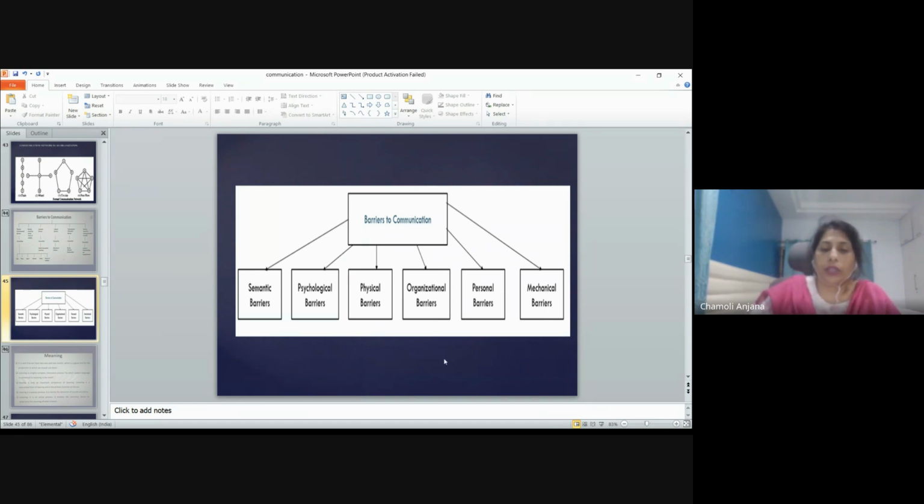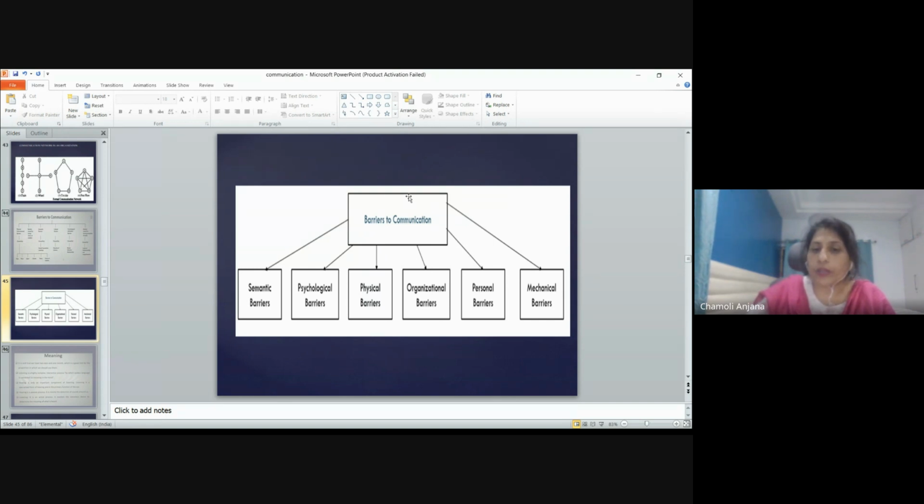Though we say that we have this communication process, that's a very ideal communication process which does not happen, because there are a lot of barriers and obstacles that hinder the flow of communication. That leads to miscommunication or misunderstandings, and sometimes to complete communication failures.